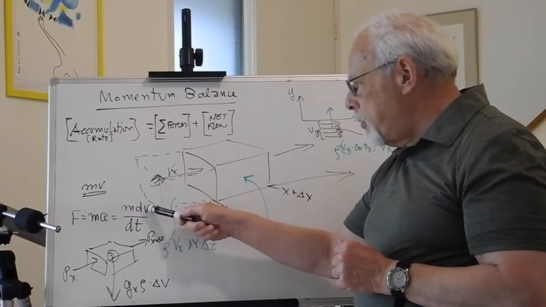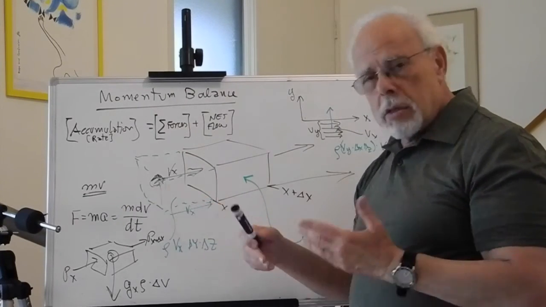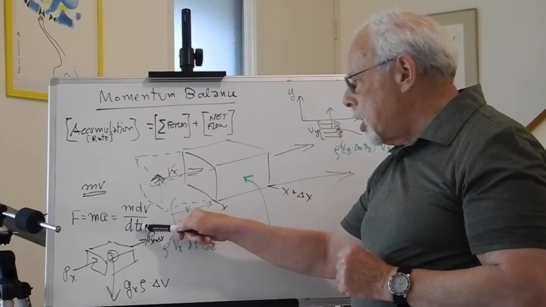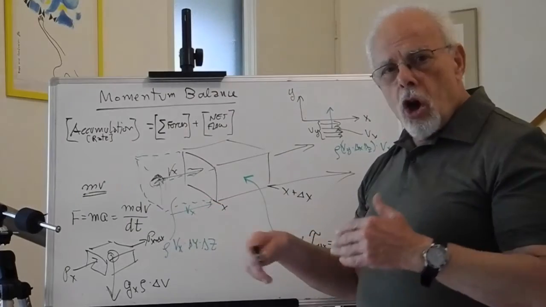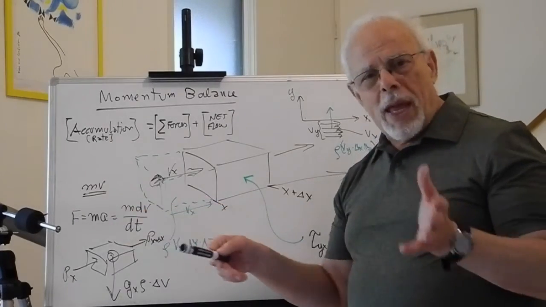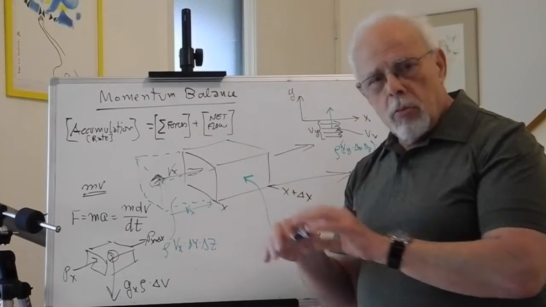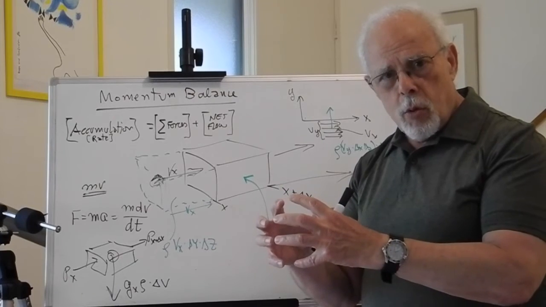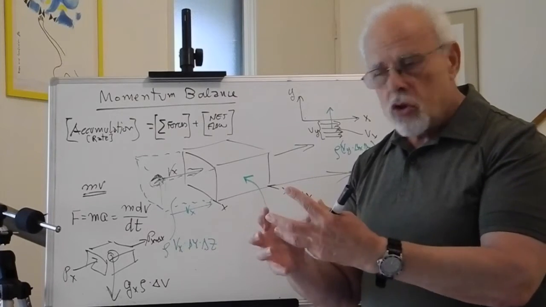Therefore, assuming mass is fixed, m dv/dt is the rate of change of momentum, equal to the force applied on whatever the place is where momentum is changed.